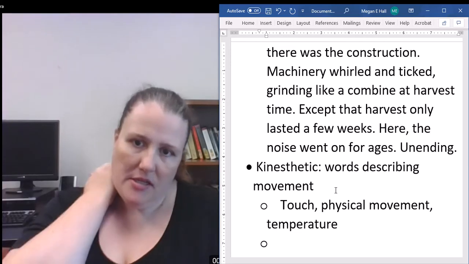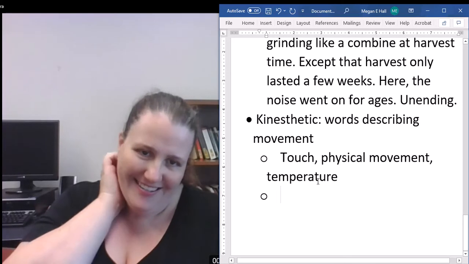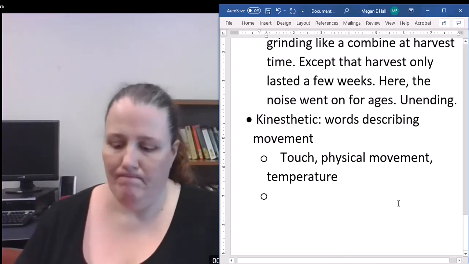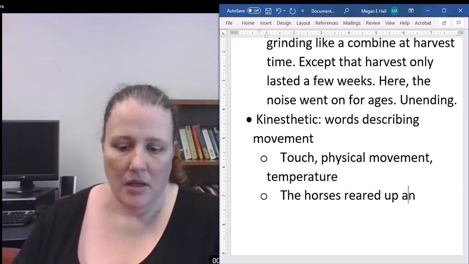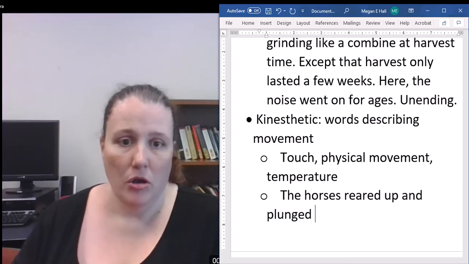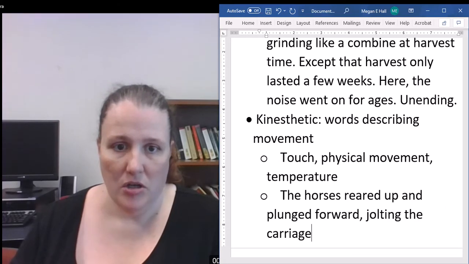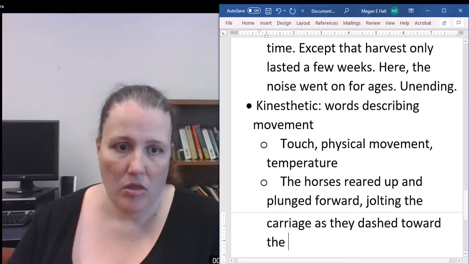So let's have an example. Let's say that we're in a totally different setting. Let's say we're in a western town, and the horses reared up and plunged forward, jolting the carriage as they dashed toward the river.